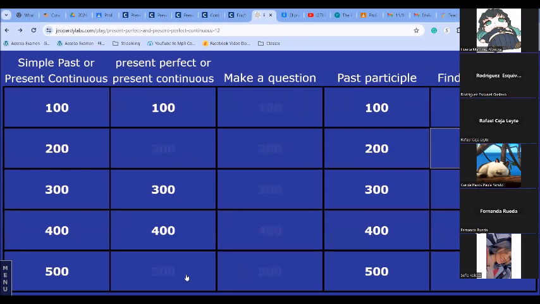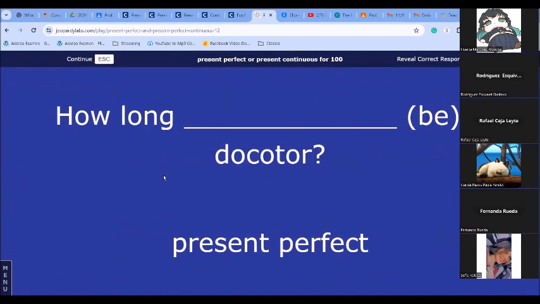Right, and last, Enrique. Present perfect continuous or 100? All right, present perfect simple. How long?